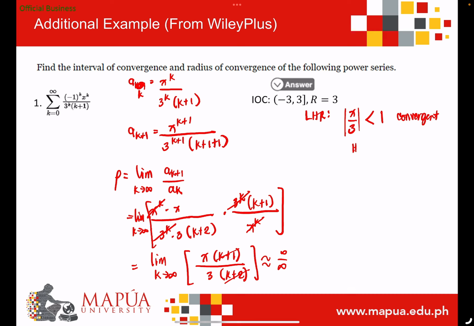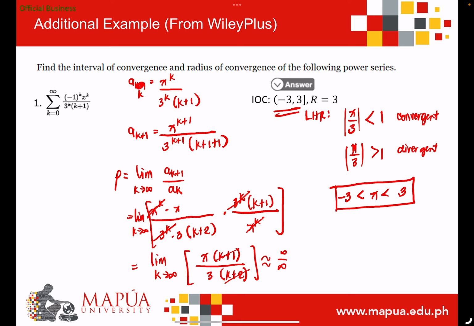And when x over 3 is greater than 1, it would be divergent. So we have x in between negative 3 and positive 3. So that's why we have the interval of convergence from negative 3 to positive 3, and the radius of convergence is 3.